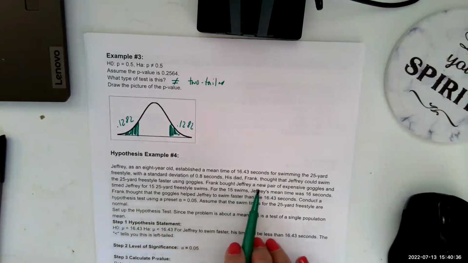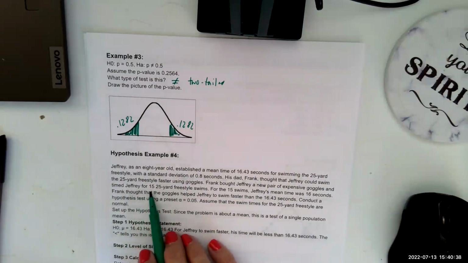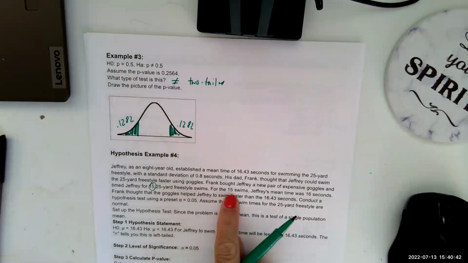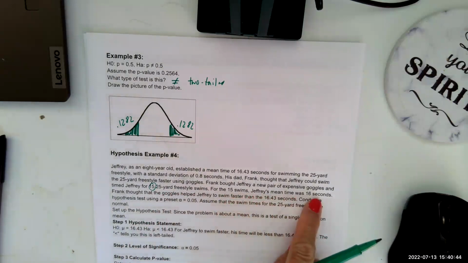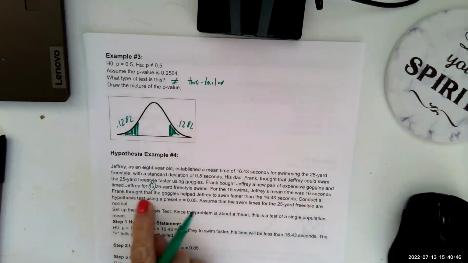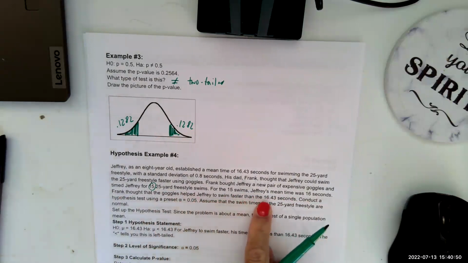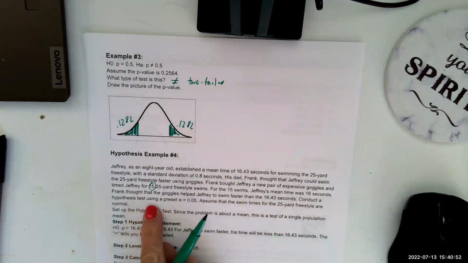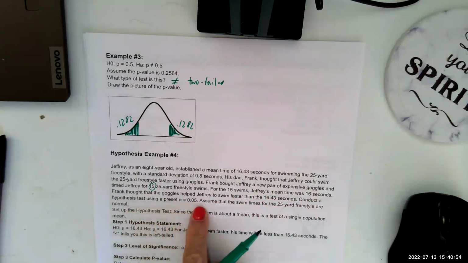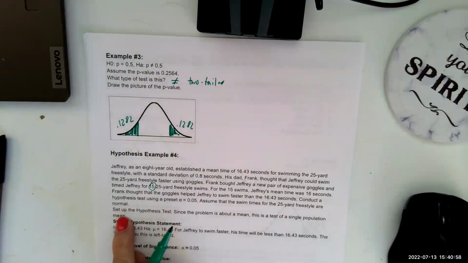Frank bought Jeffrey a new pair of expensive goggles and timed Jeffrey for 15 swims. For the 15 swims, Jeffrey's mean time was 16 seconds. Frank thought that the goggles helped Jeffrey to swim faster than the 16.43 seconds. Conduct a hypothesis test using a preset alpha at 0.05. Assume that the swim times for the 25-yard freestyle are normal.